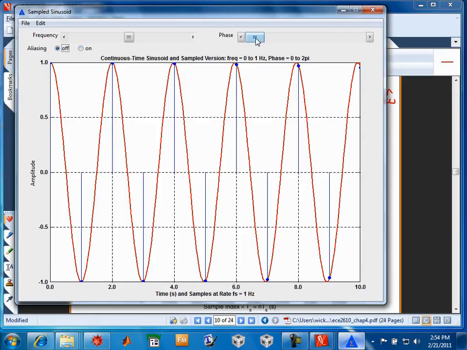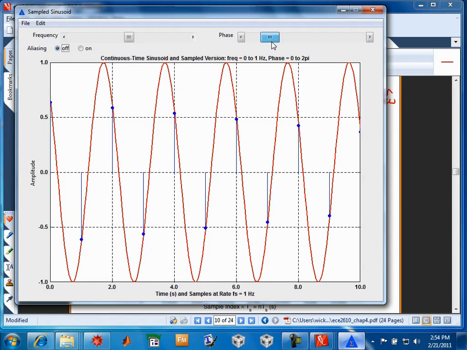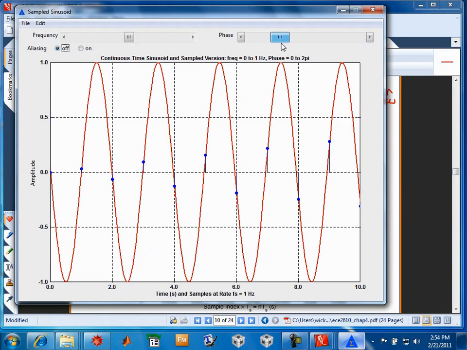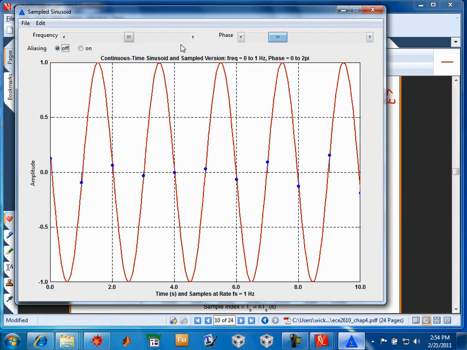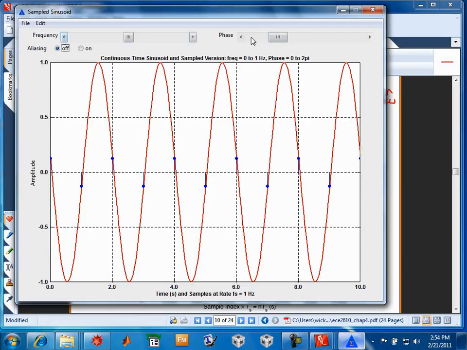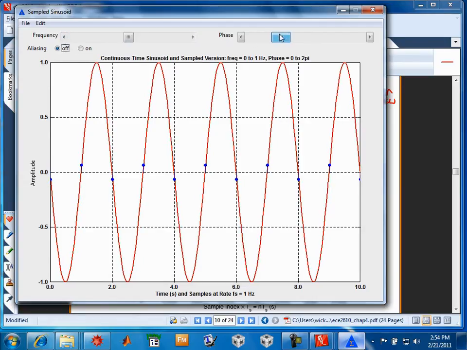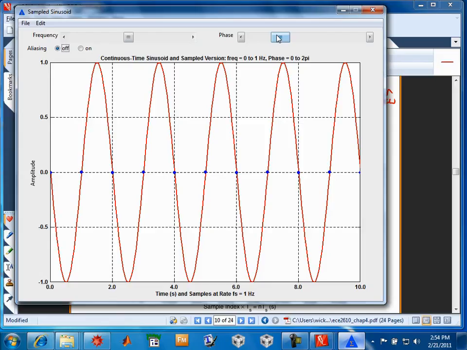But if I shift the phase of those samples, notice what can happen. If I get the sampling rate right and I don't quite have it right on there, exactly 2 samples per cycle with the right phasing gets you what? Nothing. You can't reconstruct something from nothing.